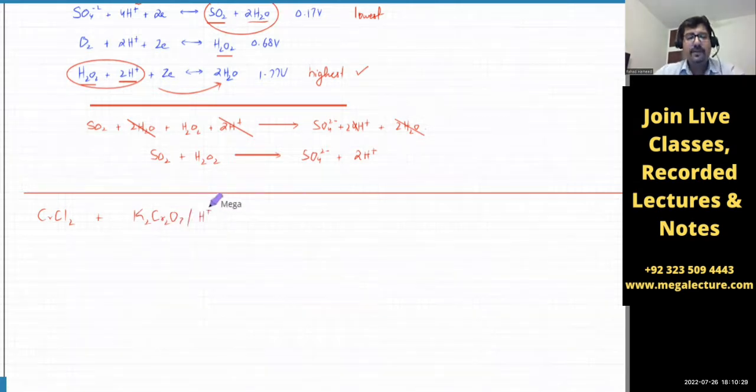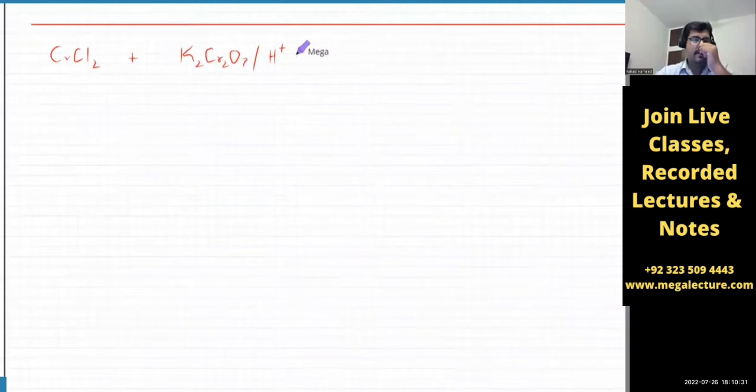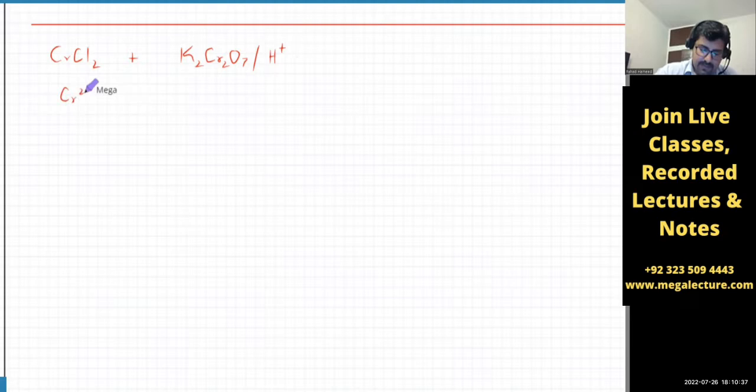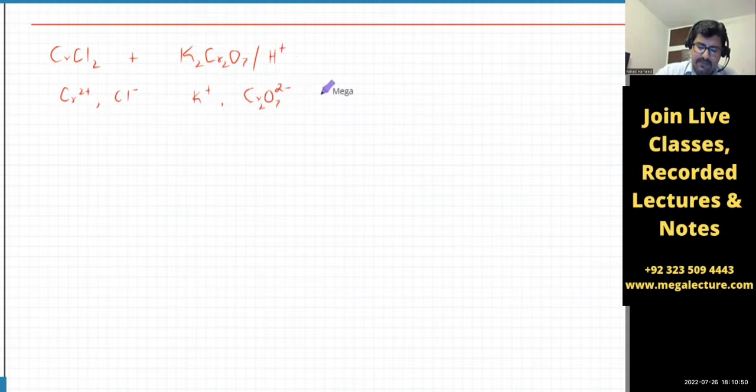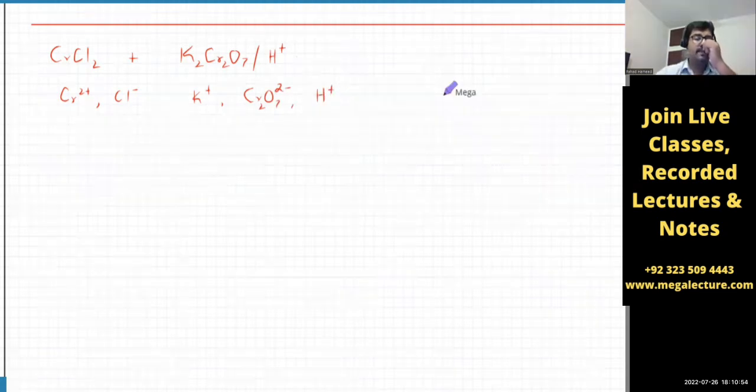So you've got lots of things happening over here. What are your reactants? You've got Cr2+. So we've got Cl-. So K2Cr2O7, you've got K+. You've got Cr2O7 2-. Plus you also have H+, right? So you've got that as well.